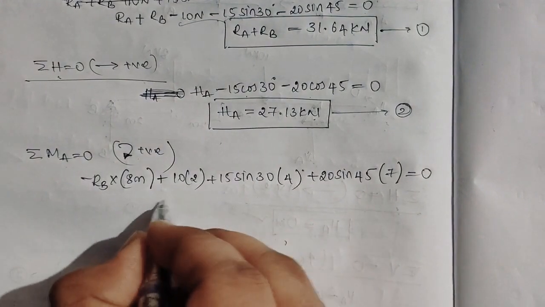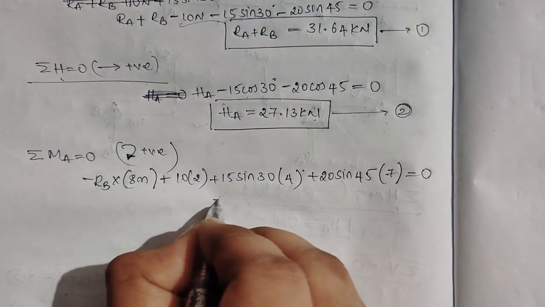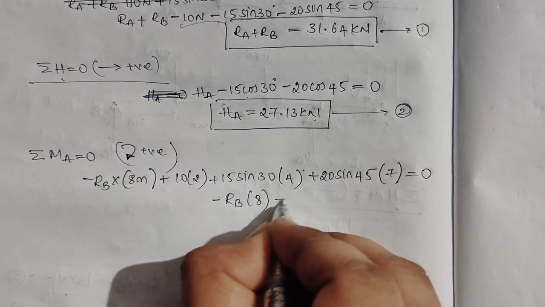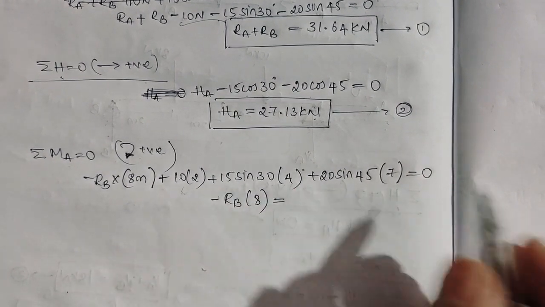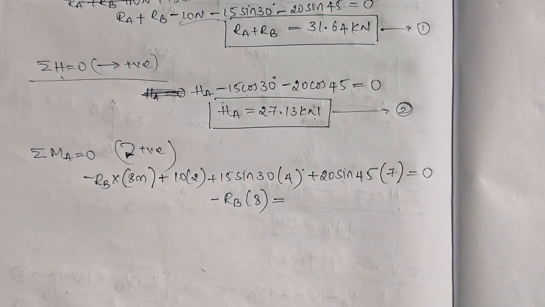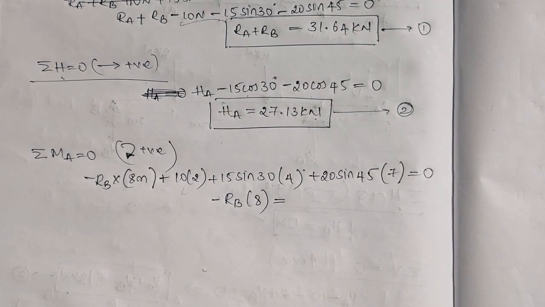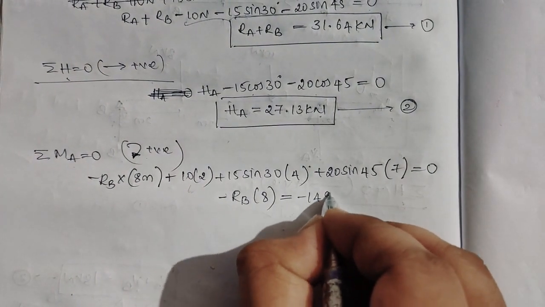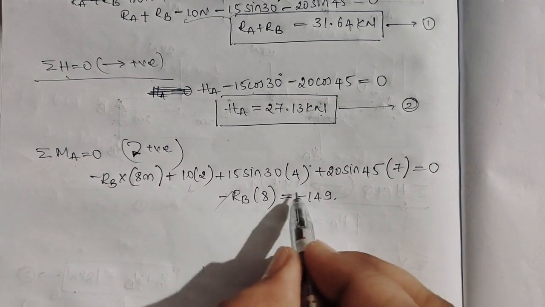So we will get here RB into 8 is equal to, I will transfer all this to that side, it will be minus 149. So this minus cancels.